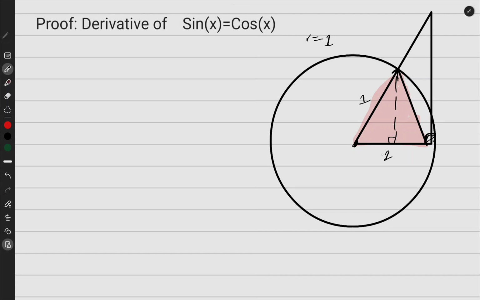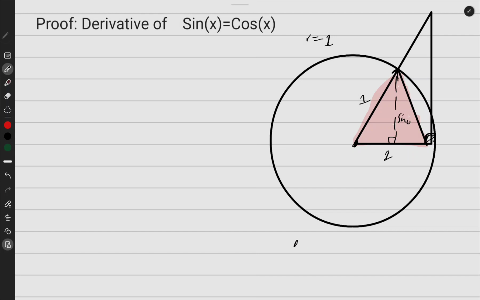The height, because the hypotenuse is 1, is just sine theta. That is going to be our height.